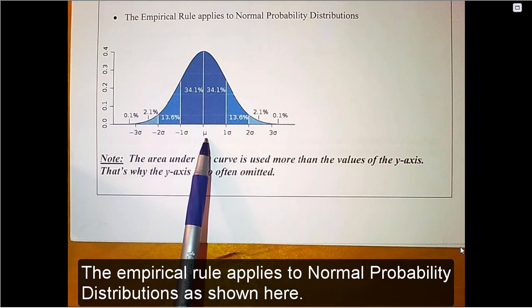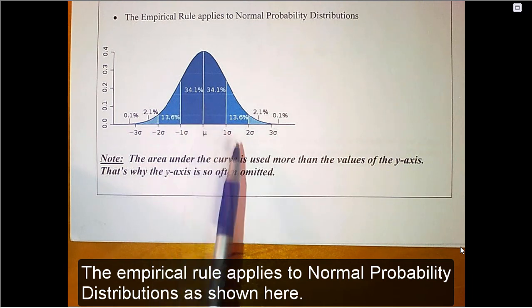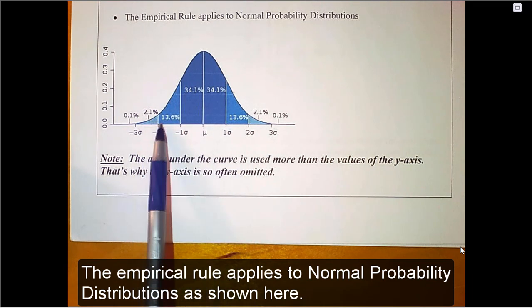The empirical rule applies to the normal probability distribution as shown here.